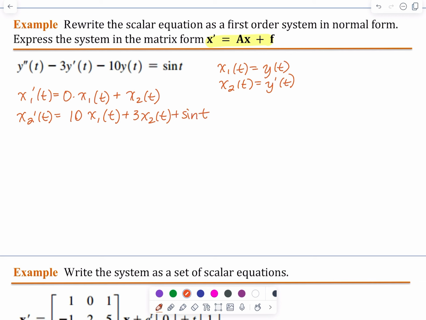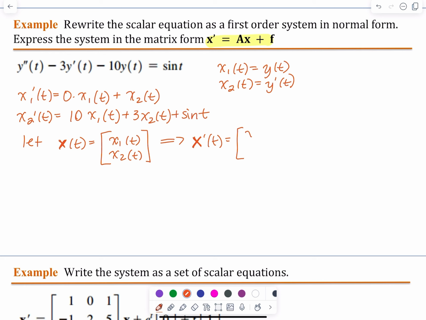So we can now let the vector x of t be x1 of t, x2 of t, and that means that x prime of t is equal to x1 prime of t, x2 prime of t, that vector, and our matrix A is going to be a 2 by 2 matrix: 0, 1, and 10, 3.